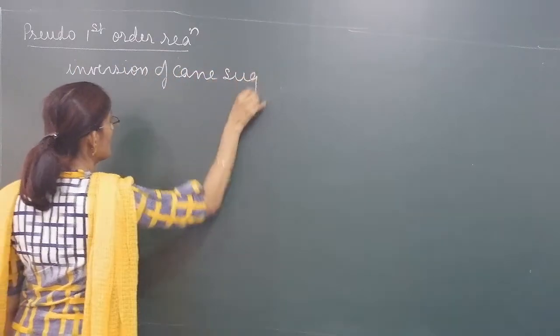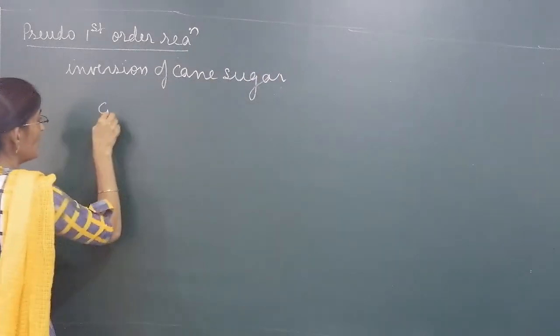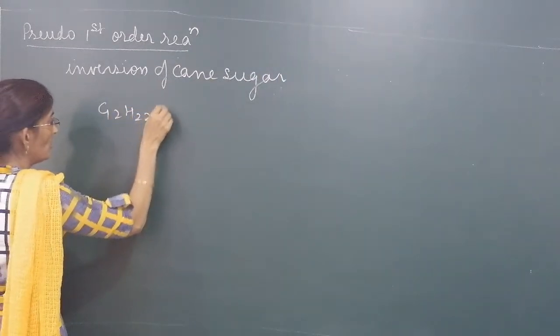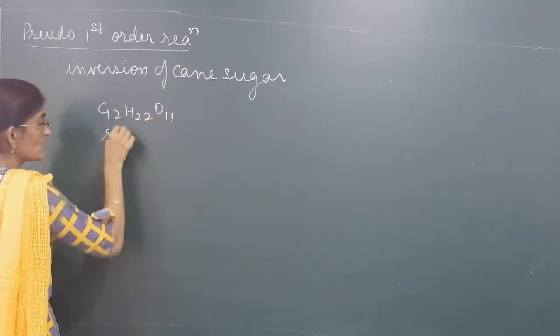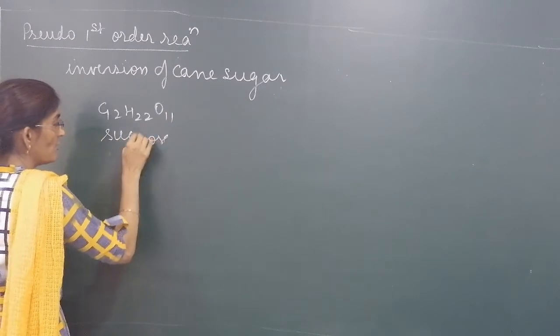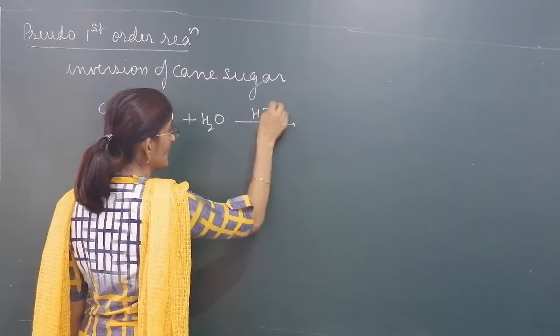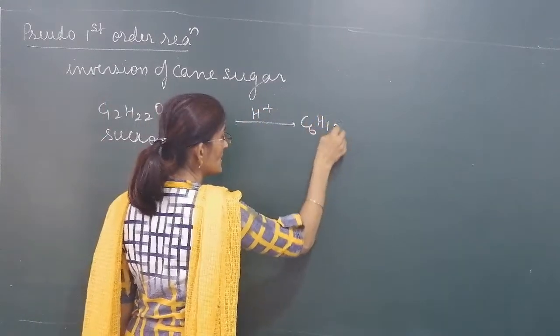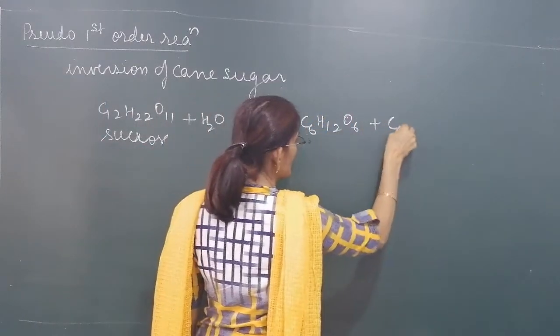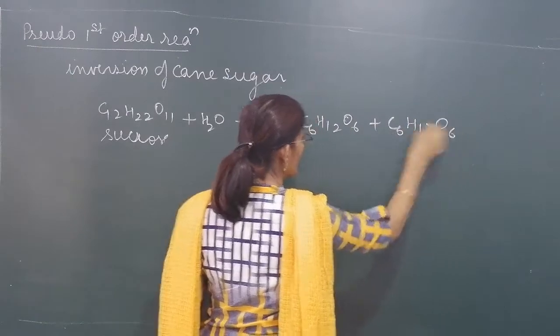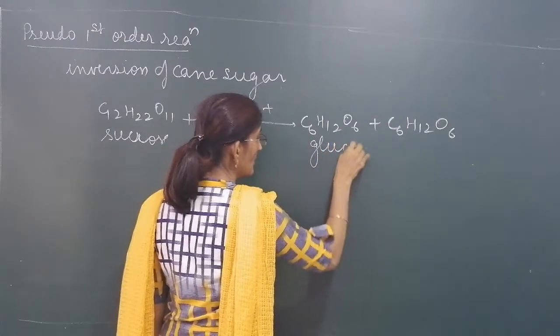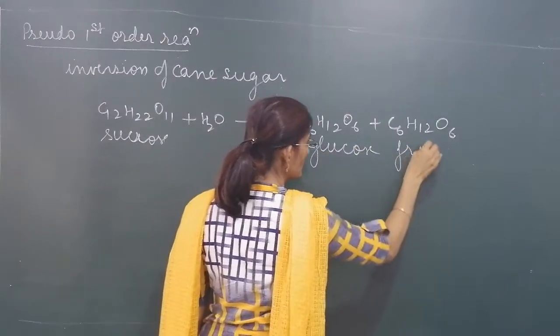Cane sugar is nothing but sucrose, C12H22O11. This is cane sugar, sucrose. When it is hydrolyzed in acidic medium or in presence of catalyst, it gives glucose and fructose, C6H12O6 and C6H12O6. This is glucose and this is fructose.